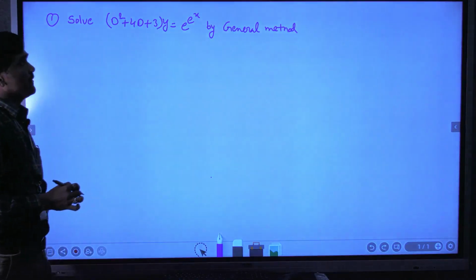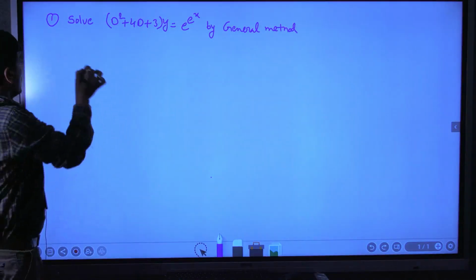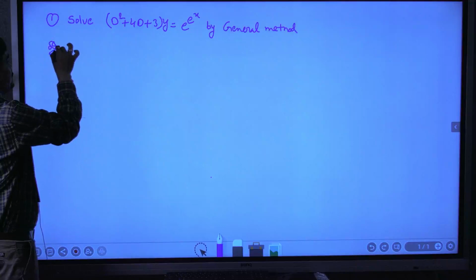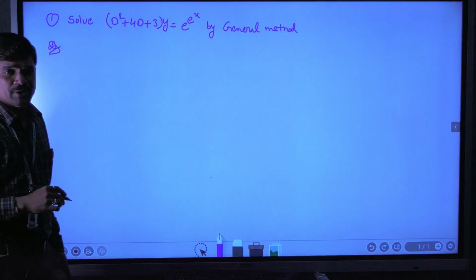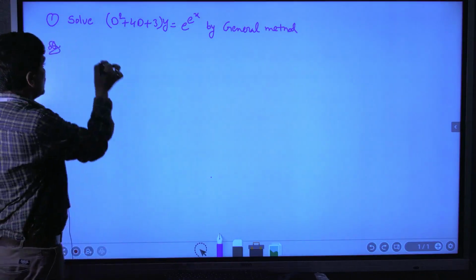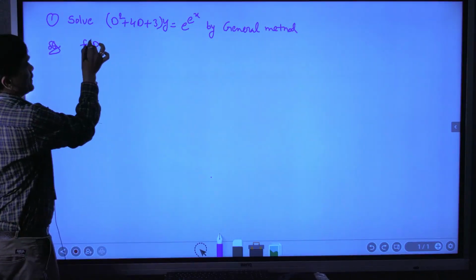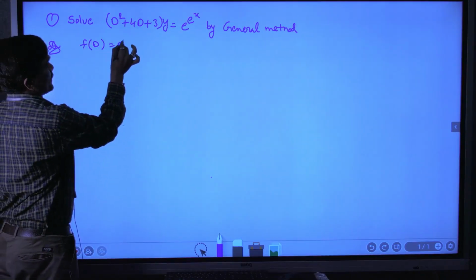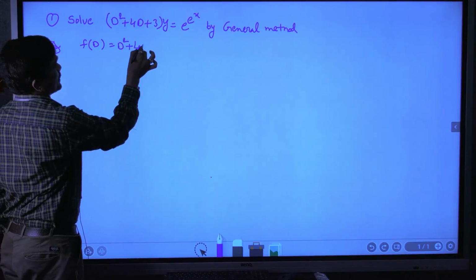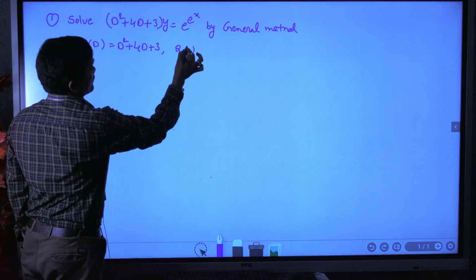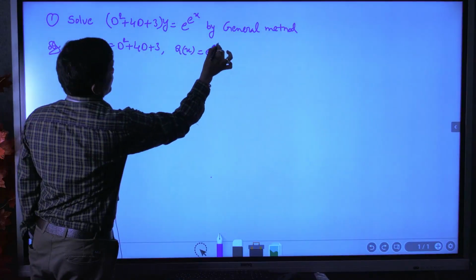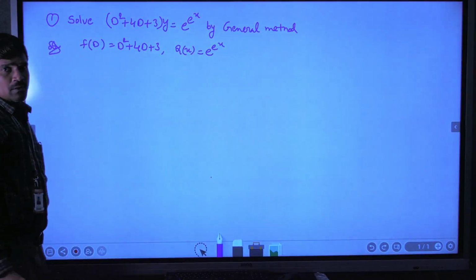Now how to solve in the general method? Solution: first of all, compare the given equation with f of D into y is equal to Q. Here f of D is D square plus 4D plus 3 and Q of x is equal to e power x.